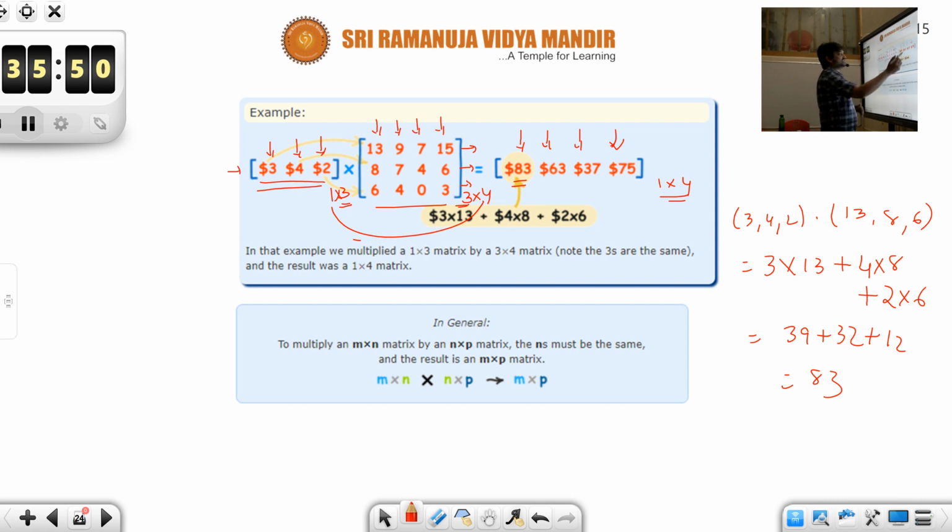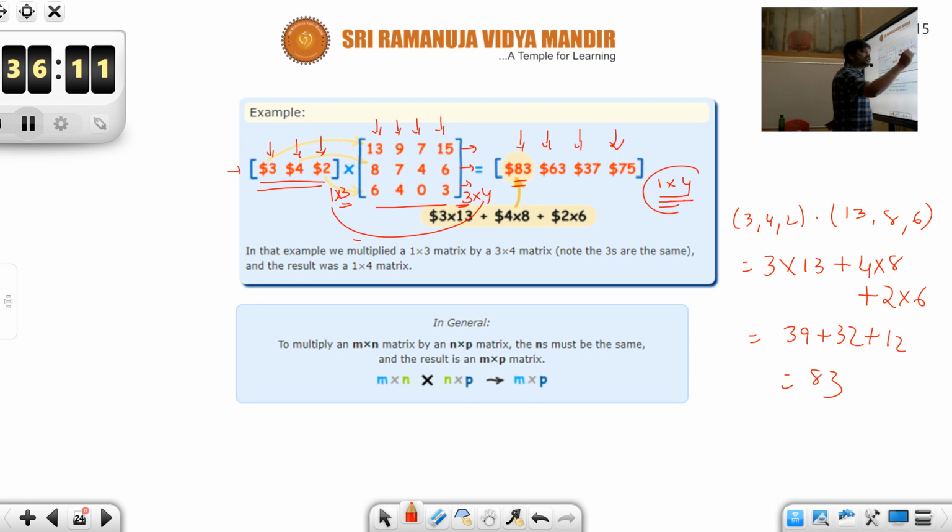Similarly, to get the next entry, you perform the dot product between the first row and the second column. Again, how do you know between which row and which column you will perform the dot operation? Students, look at this.